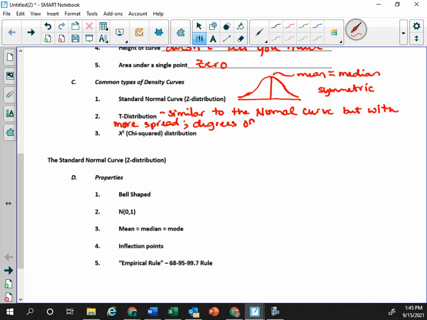It has degrees of freedom, which is fine that you don't know what that is yet. We'll get there. And fatter tails. And again, guys, if you ever can't read anything I'm writing, let me know. I know, especially in the back, it's not always easy to see.